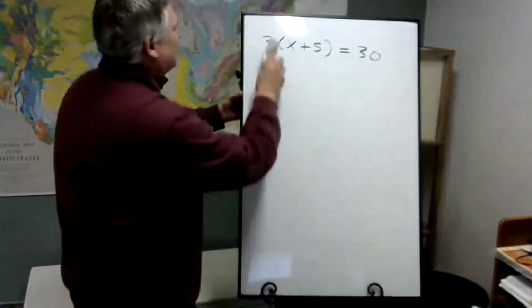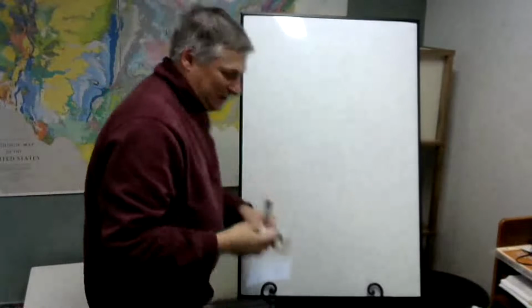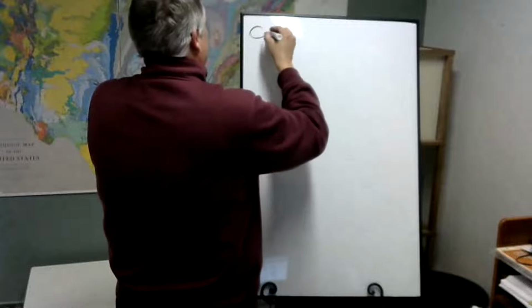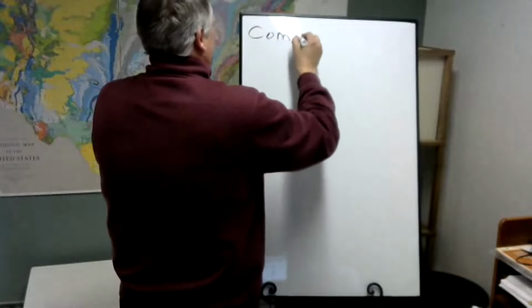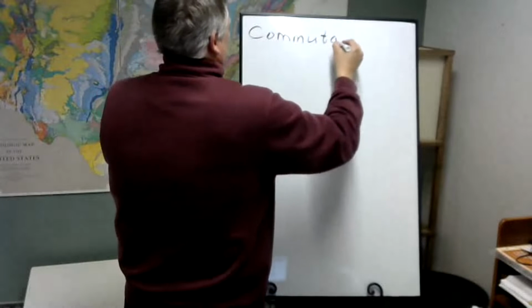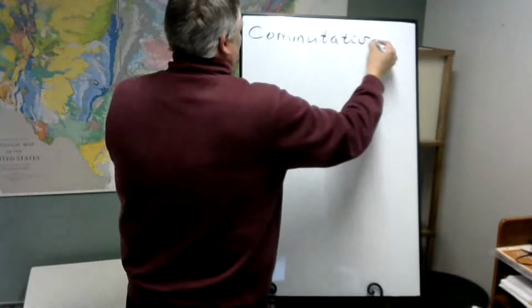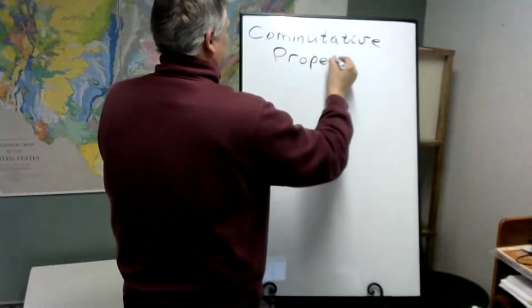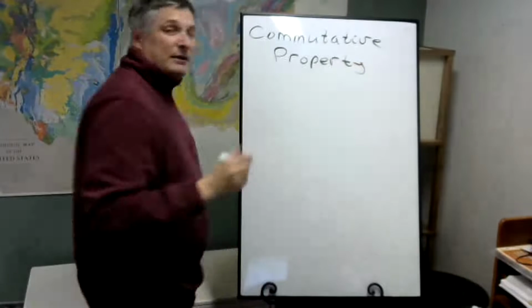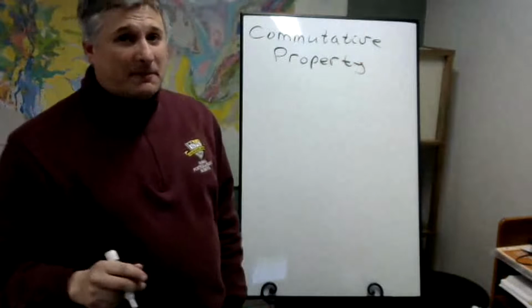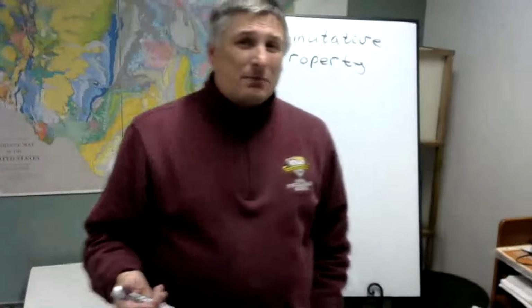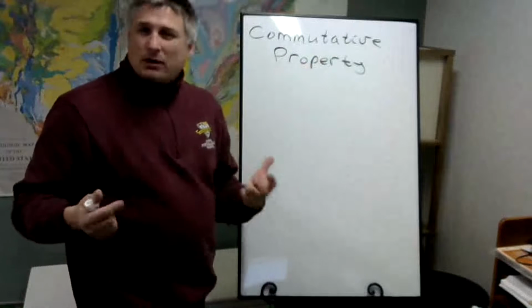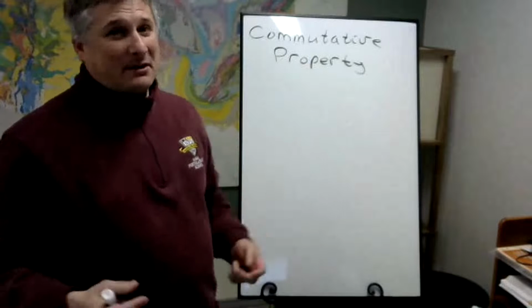First off, we want to take a look at the commutative property. The idea of the commutative property is that the order of the numbers when we do our computation doesn't matter.